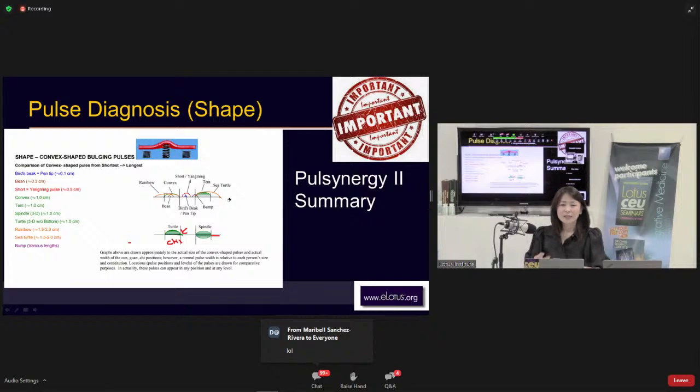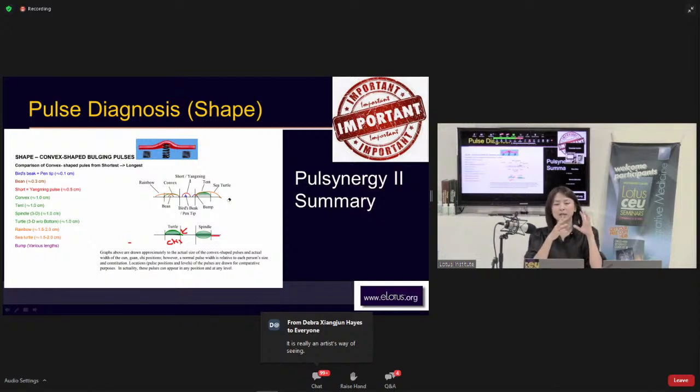But when it comes down to it, the big picture is that there is just a bulge, okay? The size of the bulge just means how spread out the problem is. For example, the rainbow pulse on the left 寸 means the small intestine has a lot of gas, or there's MSG poisoning.